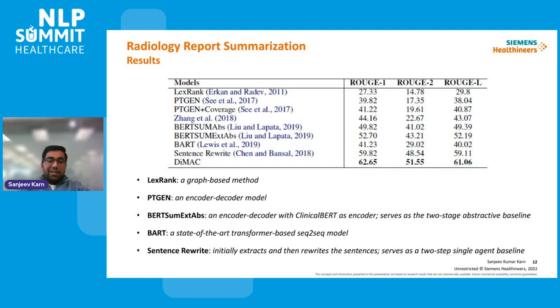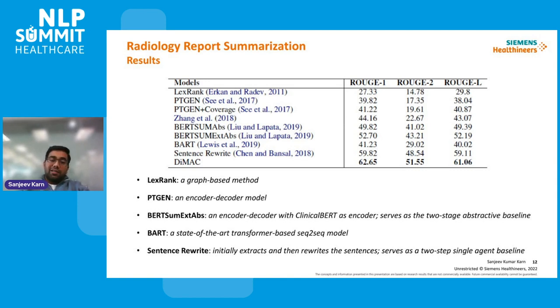Here, the single agent is like a sentence extractor in our case, so it just extracts the sentences, and the rewriter is basically an abstractor which becomes part of the environment and rewrites the selected sentences from the single-agent extractor.